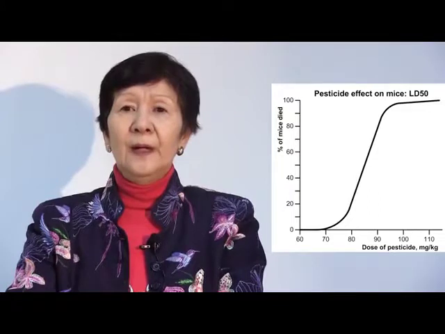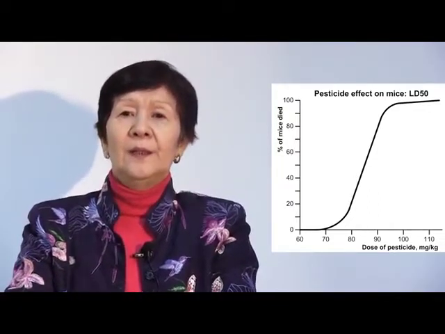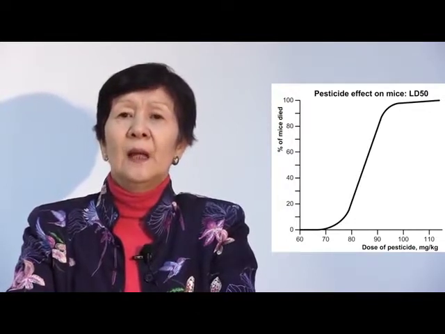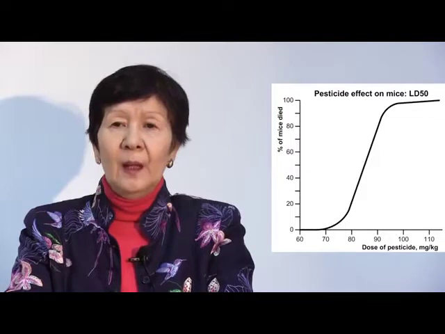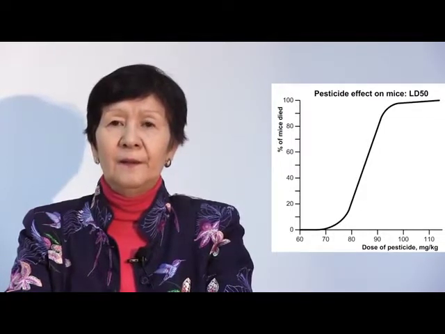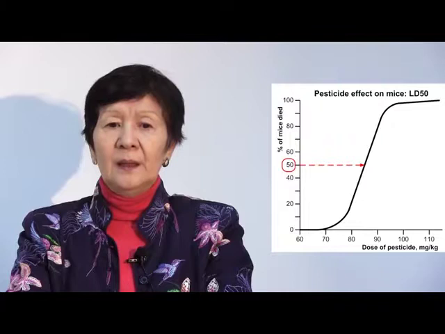To find a very important value called LD50, which is lethal dose 50, we need to do the following. We find 50 on the Y scale and draw a line parallel to the x-axis until it intersects the graph.